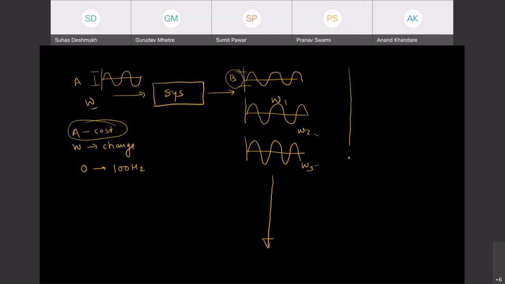So for that purpose, what I can do is have omega on one axis and the ratio of output divided by input on the other axis. Okay. So one thing you can observe in the initial phase is that I can have a constant, and later on the amplitude will increase and get stabilized. This is due to very low frequencies.